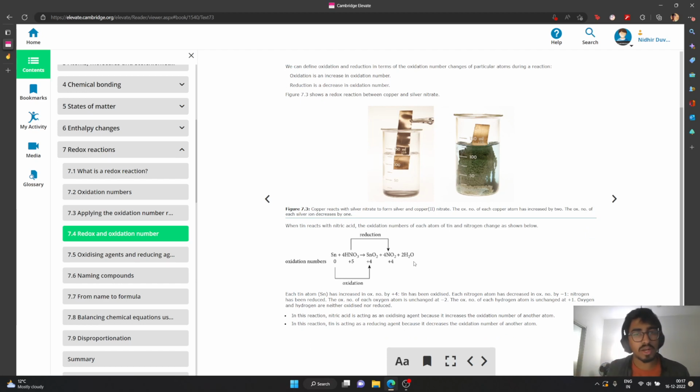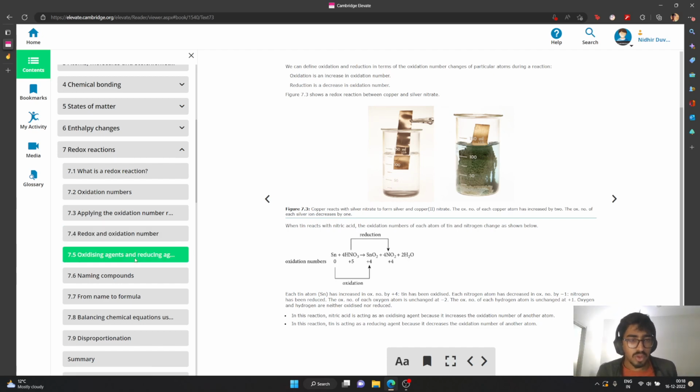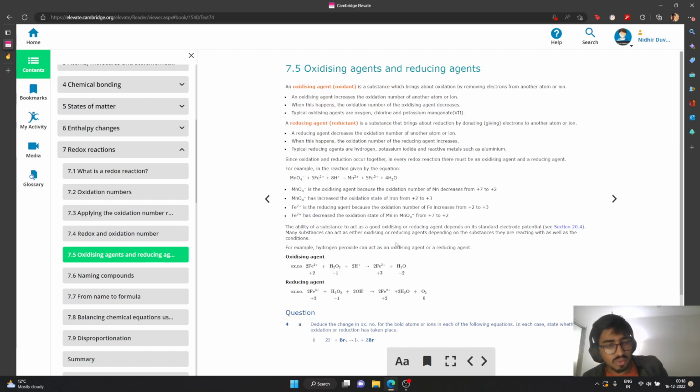By looking at the change in oxidation number, we can say whether that particular half reaction is oxidation or reduction. This is one half of the reaction, this is the other half. We can also see that there are things like H2O which do not take part in this, which is fine. They are not oxidized or reduced, and that's okay.